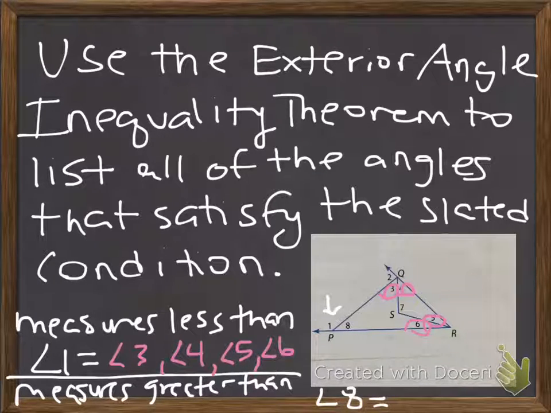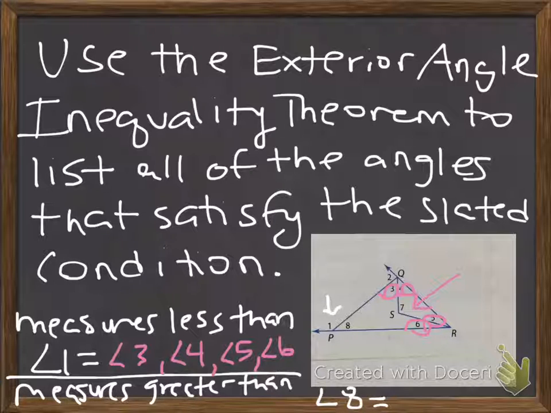It would not be angle 7, because you can see there, angle 7 is inside the figure, but it is not remote in comparison to angle 1, meaning it is not on the outside angles of the triangle, like these are. Angles 3 and 4 are located with the Q inside the triangle, and angles 5 and 6 are located with the R inside the triangle.